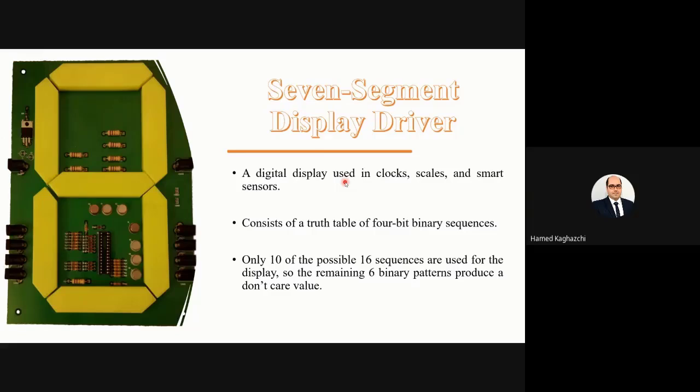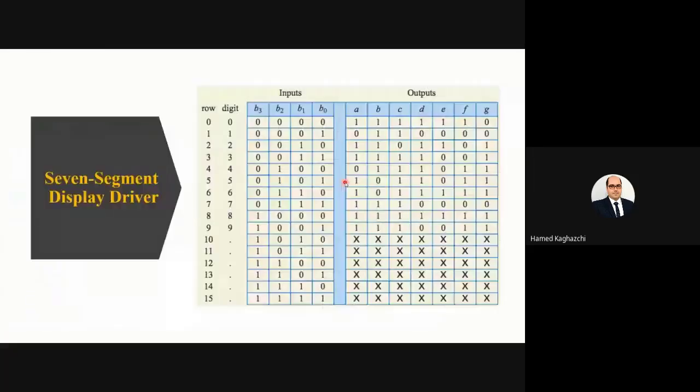But if I use 4 bits, B3, B2, B1, B0, I will have 0 up to 15. It means that I will have 16 number patterns. But I can only represent the numbers from 0 up to 9.